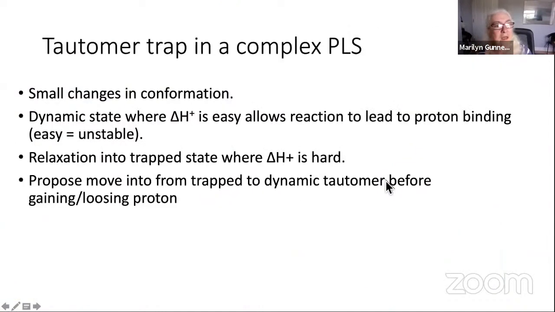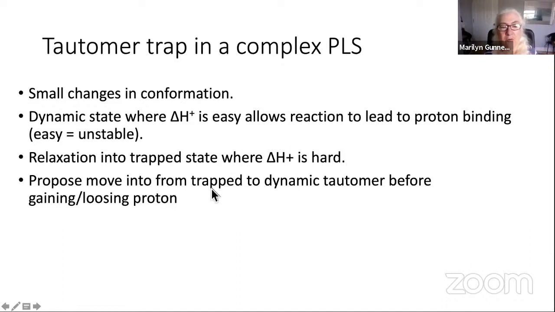So I think the tautomer trap is something that can be seen in a complicated PLS, where you have multiple residues. Here, small changes in the conformation can move you between states where change in protonation is easy, and they can relax into trap states where it's harder to change the protonation state.